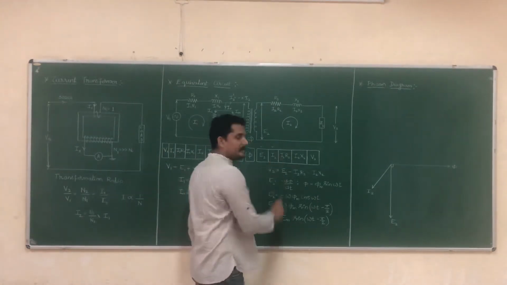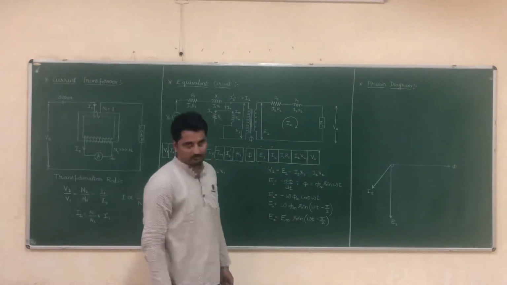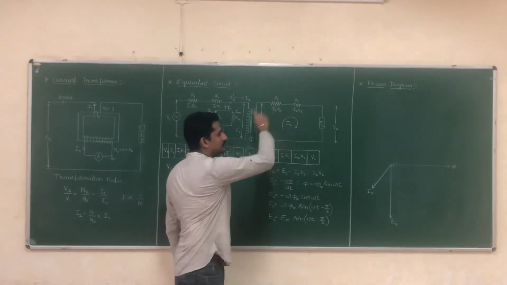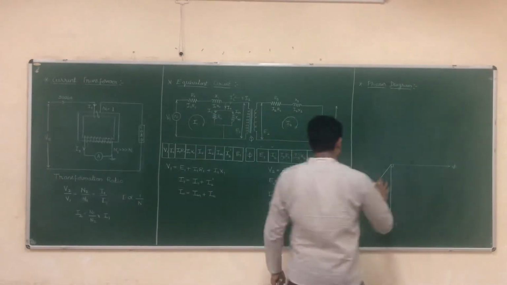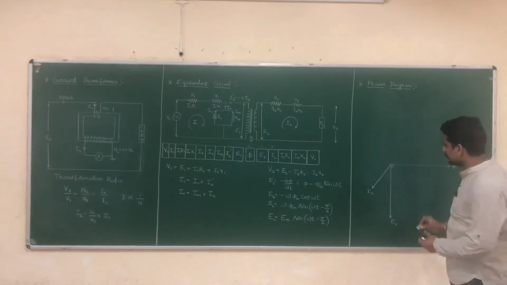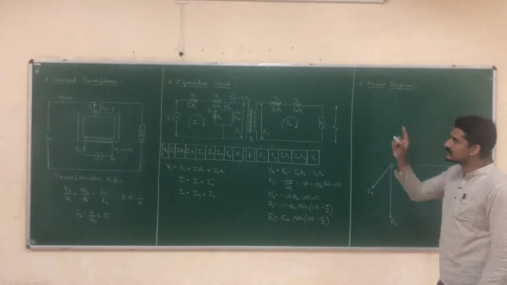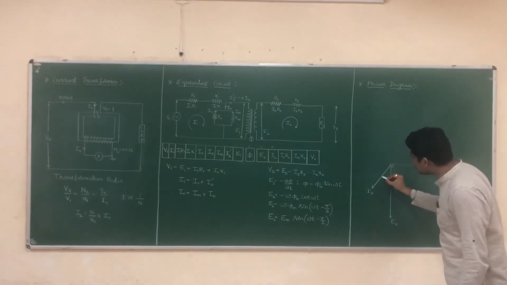Next, E2 I have completed. I have I2. Next, I need I2 R2. This I2 R2 is the drop across the resistor R2. Observe the phasor diagram here. If current I2 is flowing in this direction, then I2 R2 should also be in the same direction, because it is a resistor and it will be in phase with the current.